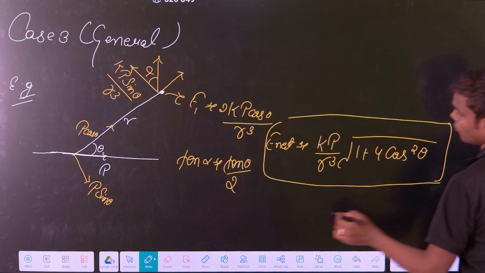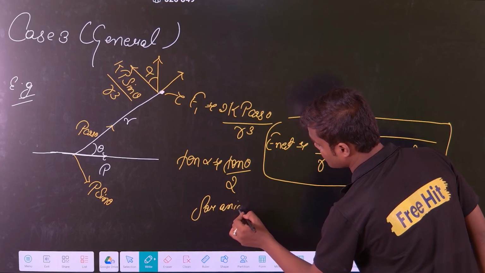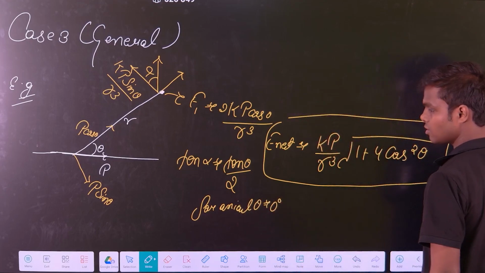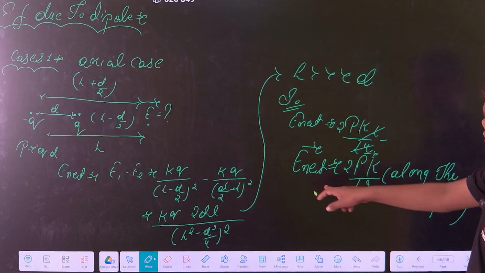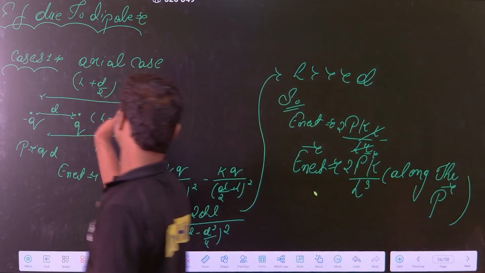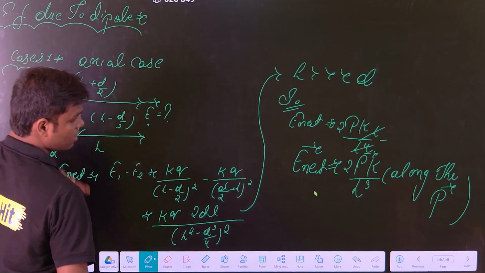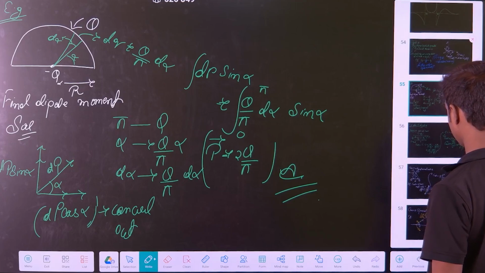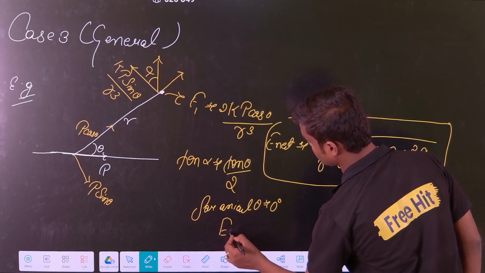Why? For axial, let us check it. For the axial case, theta is how much? Because the point lies along the dipole, theta will be 0 degree. So what is my E net?